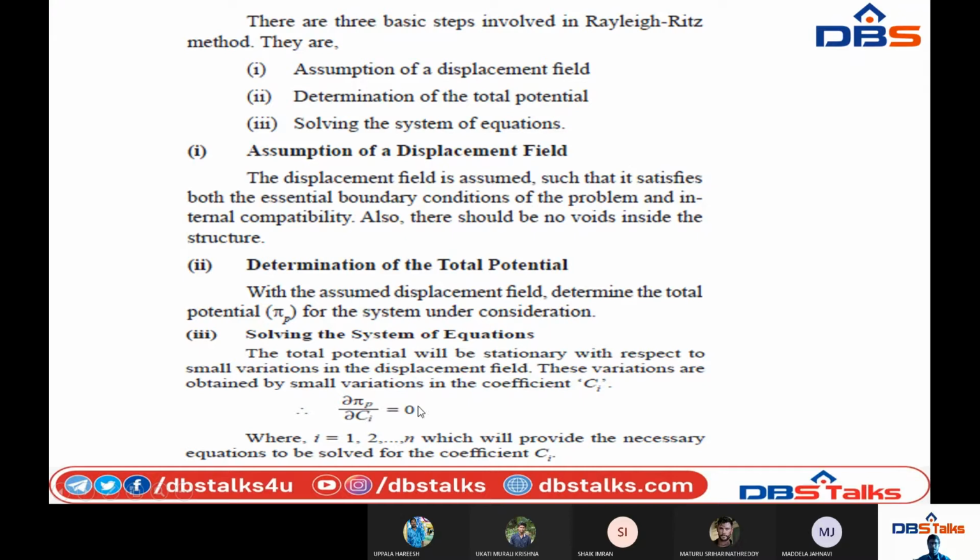That means i is from 1 to n, which will provide the necessary equations for solving the coefficients Ci. Whenever we want to solve a problem using the Rayleigh-Ritz method, which is used for solving complex structural problems, we have to follow these 3 steps: assumption of displacement field, determination of total potential, and finally solving the system of equations.